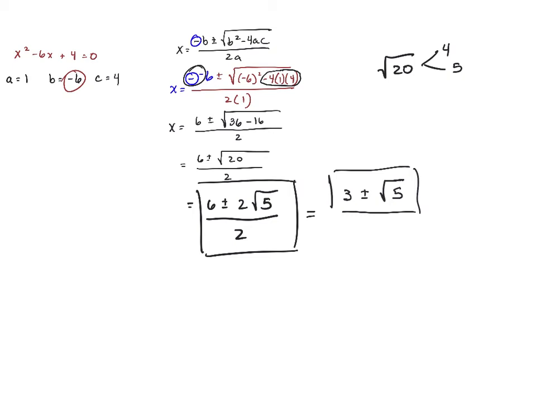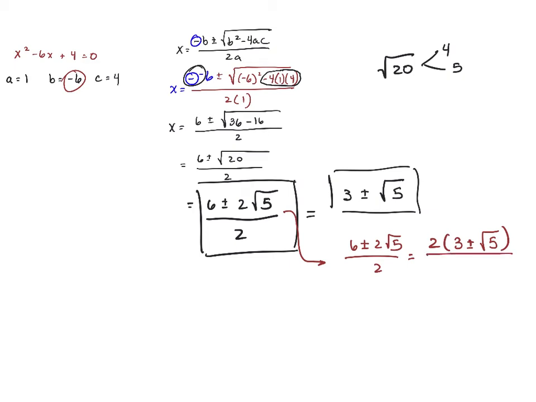So if everybody is divisible by that denominator, or even can be simplified with that denominator, you want to do that. There's a couple ways to think about why this works, but this is the mathematical reason: if you have 6 plus or minus 2 root 5 over 2, in the numerator, you could actually factor a 2 out. Note this is still 2 times 3, which is 6, and 2 times root 5, which is 2 root 5.